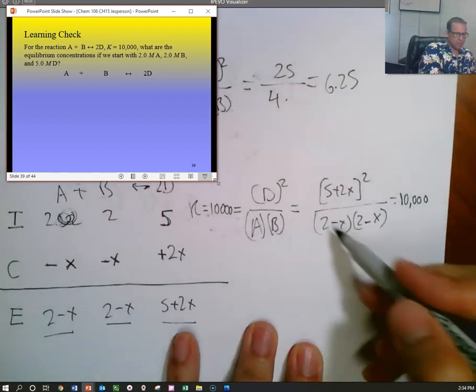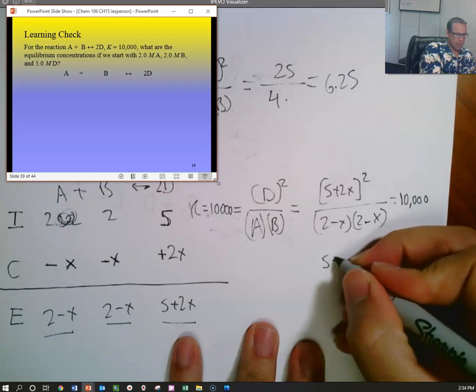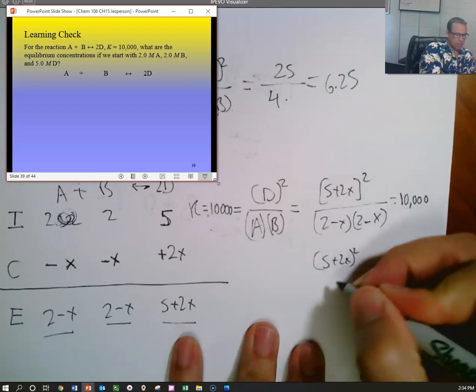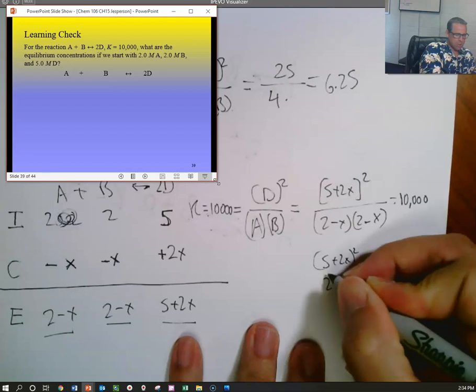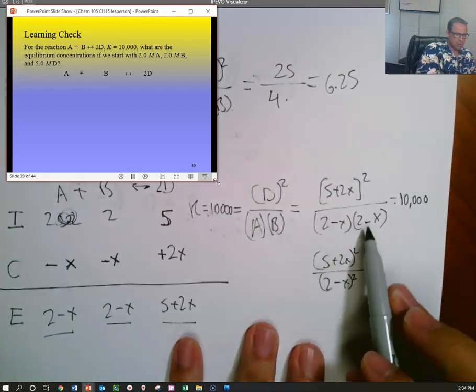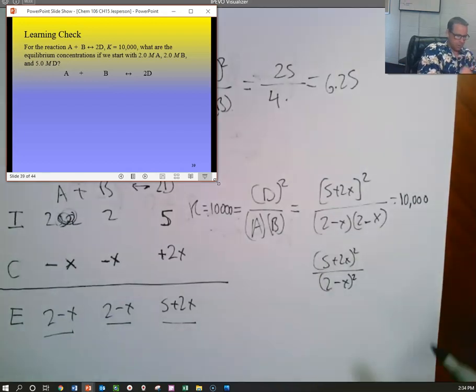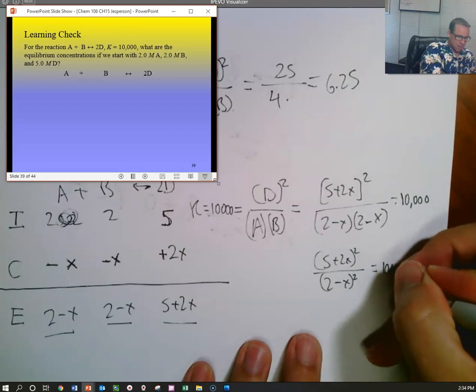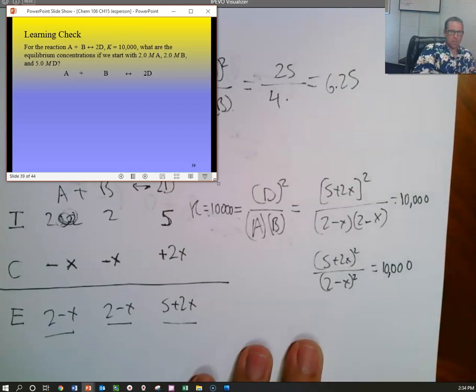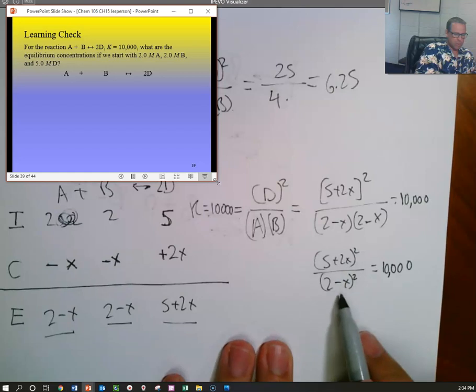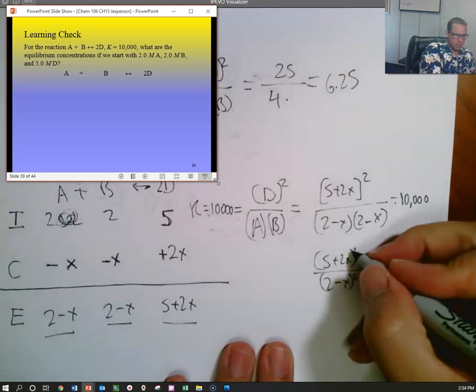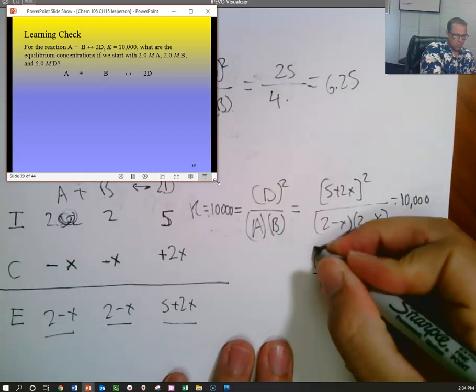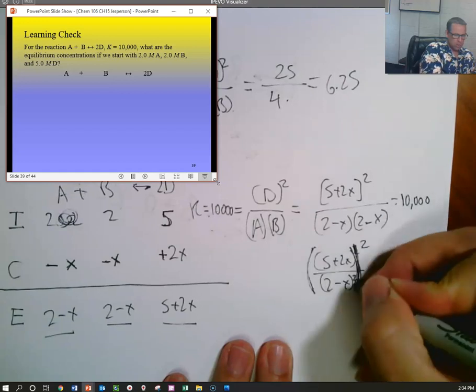So this can be simplified for this scenario. 5 plus 2x squared over 2 minus x squared. 2 minus x times 2 minus x is 2 minus x squared. And that is going to be equal to our 10,000 again. This whole thing can be thought of as the whole quantity squared.